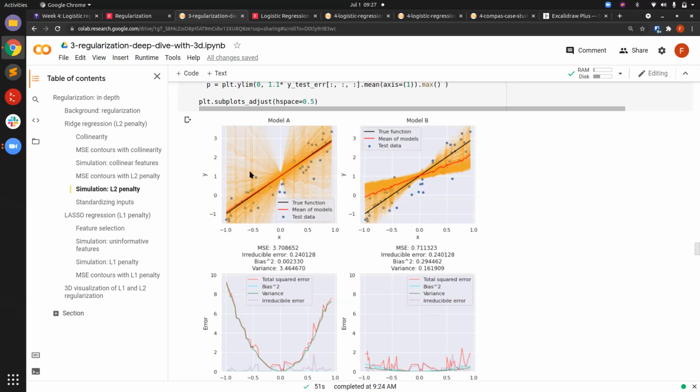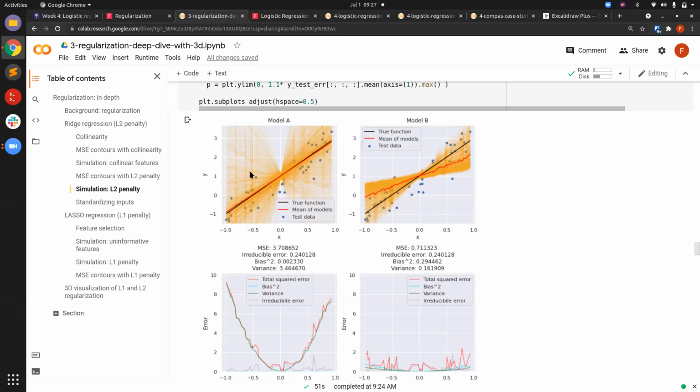Let's see, Elena, there's a question in the chat. This is actually not a logistic regression. This is a regularized regression. And yes, it's absolutely true that even though there's a systematic error, it could still have smaller mean squared error if the variance is smaller.